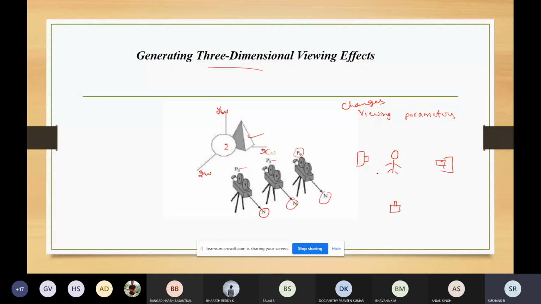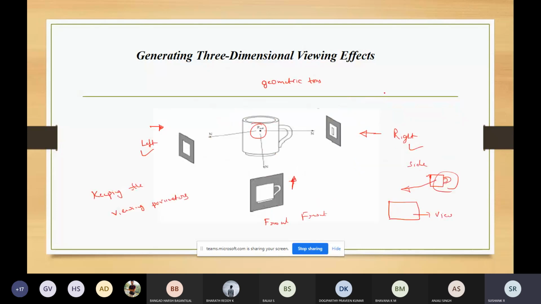That is what we studied. But here the camera will be fixed at its position and the person will be moving. The person will come into the picture of this camera. So this will be the front view, and then the person is rotated.